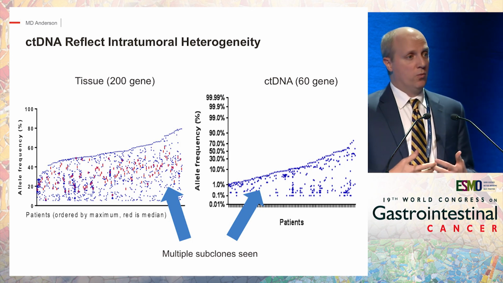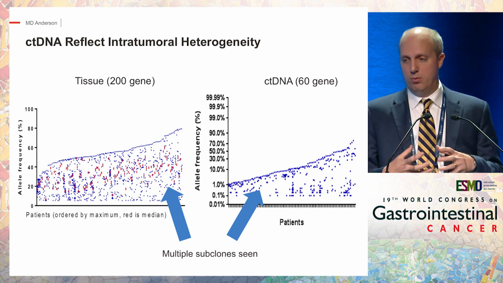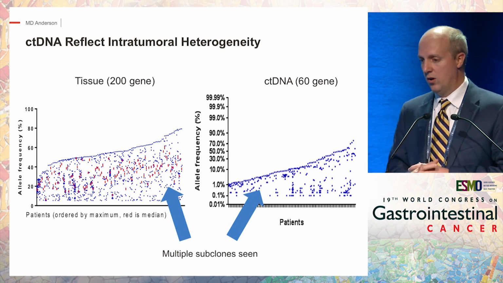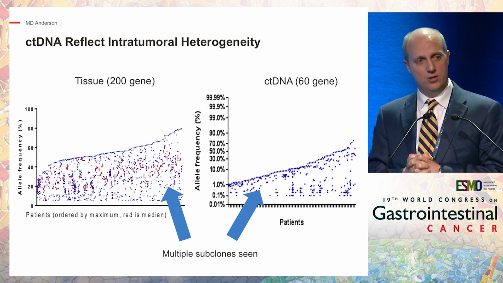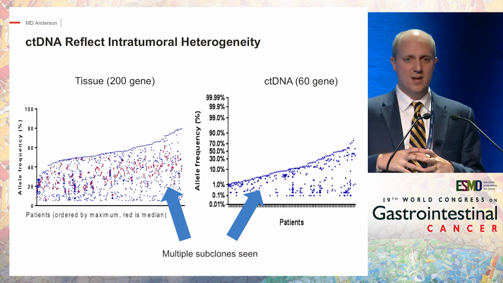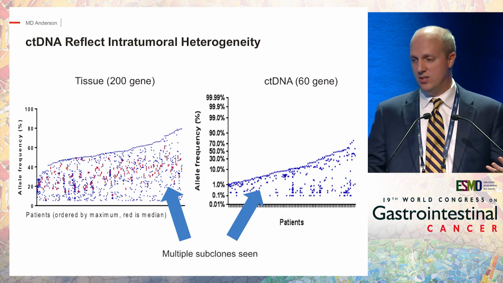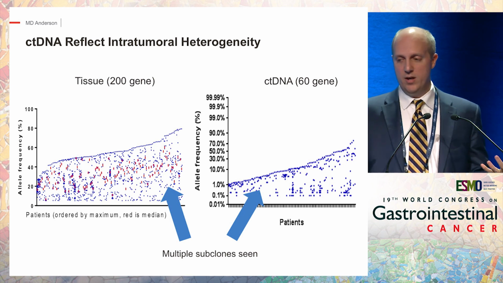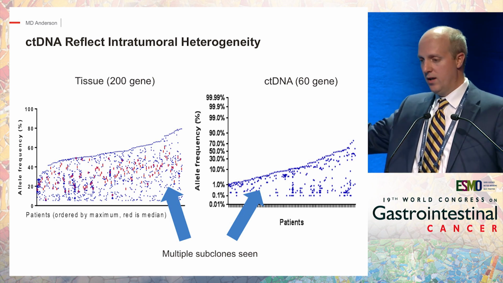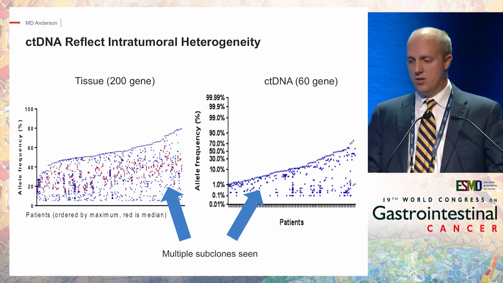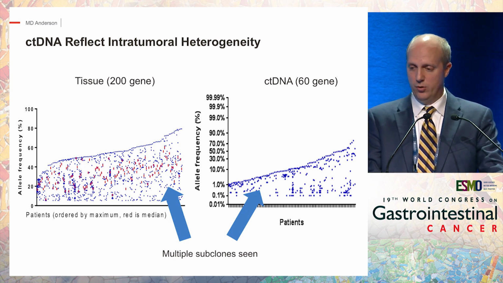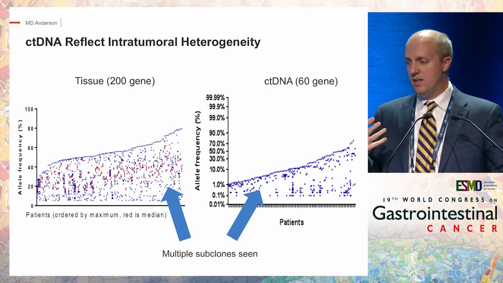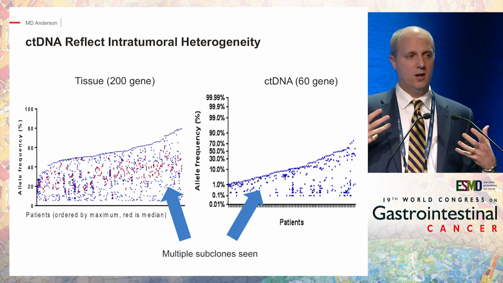So we know even when we take large tumor samples and do sequencing, so these are large liver metastases from resections that represent our best attempt to understand the totality of the disease, what we see is a fair bit of heterogeneity, and this is ordered by the patients, and you can see allele frequencies with a lot of subclonal components. When we look at ctDNA in these patients, you get a very similar picture, right?